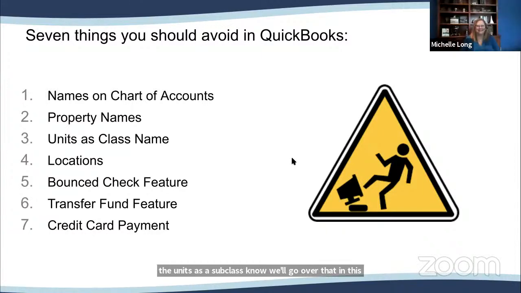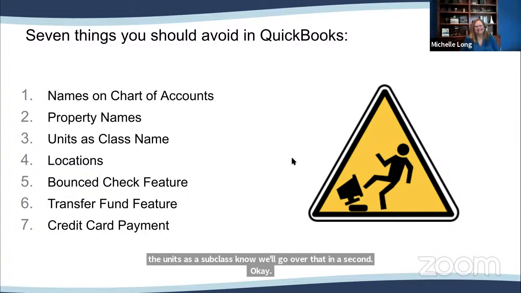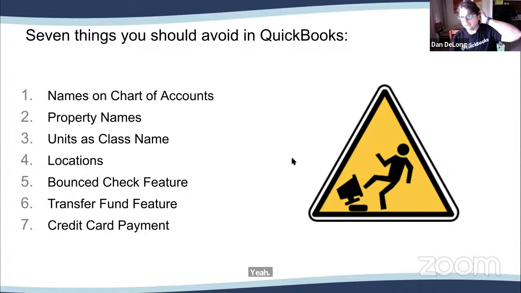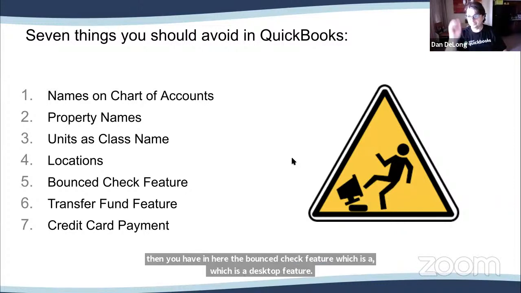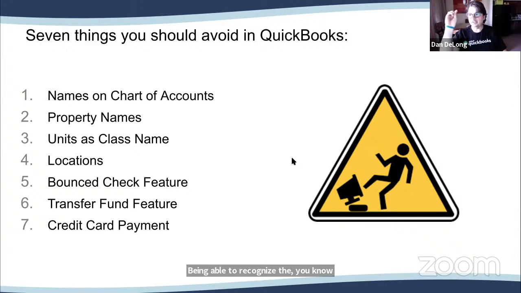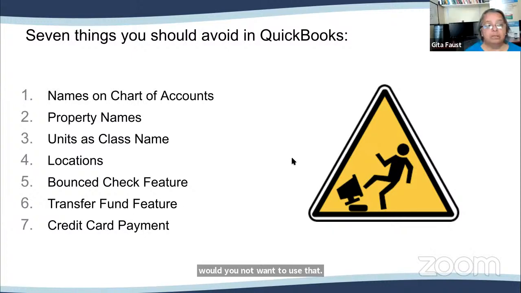Okay. And then you have in here the bounce check feature, which is a desktop feature, being able to click on a button and record it as a bounce check. Why would you not want to use that? The way we use QuickBooks, we are heavily invested in items if you're using QuickBooks Desktop.